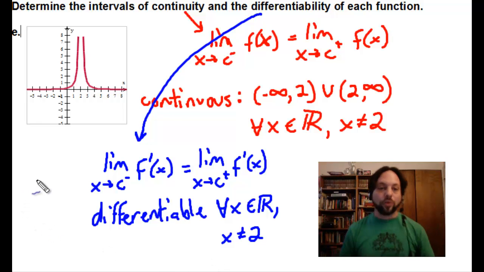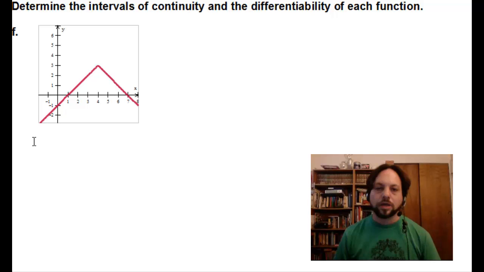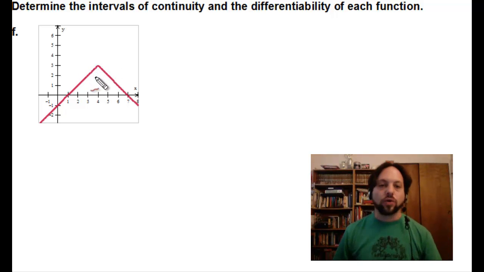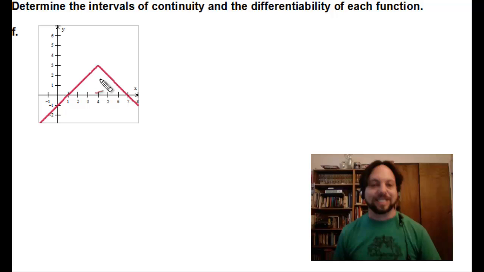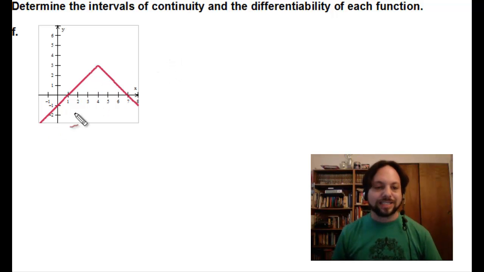But is that always the case? To answer that, let's take a look at example F. So example F appears to have a node on it right here at this corner. Is that going to break our continuity or our differentiability? Well, look back at the definitions of continuity and differentiability that we just did in example E. Is the limit from the left and the right the same everywhere on this graph?